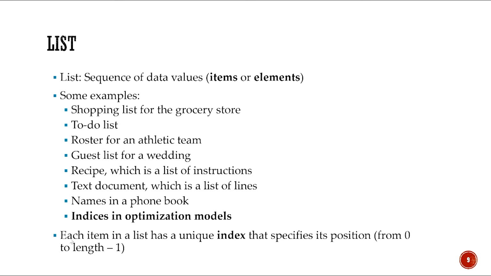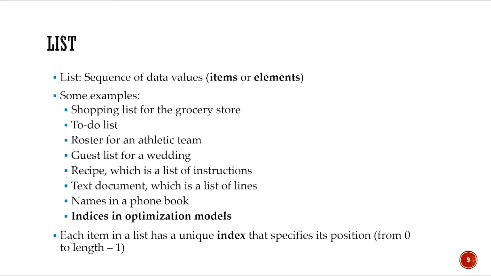So a list is a sequence of data values, items or elements, they are all equivalent. Here you can see some examples: a shopping list for a grocery store, a to-do list, a guest list for a wedding, a text document, which is a list of lines, names and a phone book. They are all like a list because it's about a sequence of items, organizing the data sequentially.